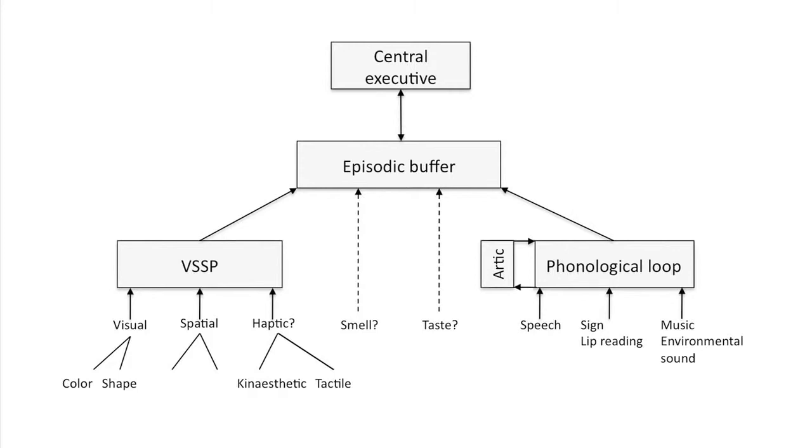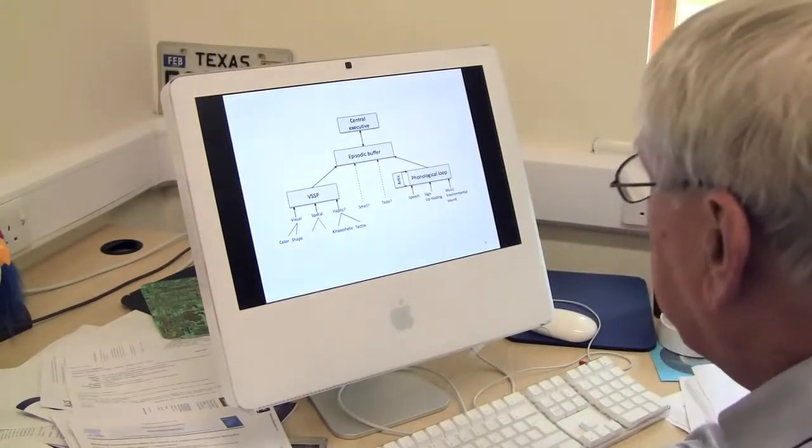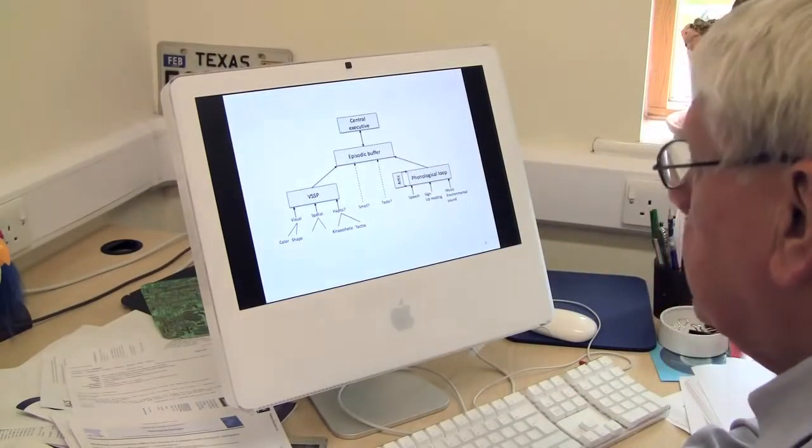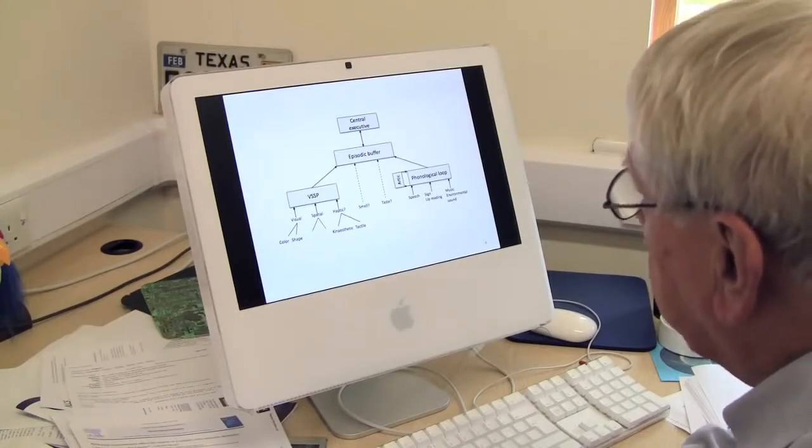The phonological loop, we know that it can process speech, that sign language and lip reading seem to involve the same system, and we suspect that there will be overlap with both environmental sounds and music, although of course not complete overlap. And we've added the articulatory loop system on here because we think this is perhaps a rather special way of rehearsing information.